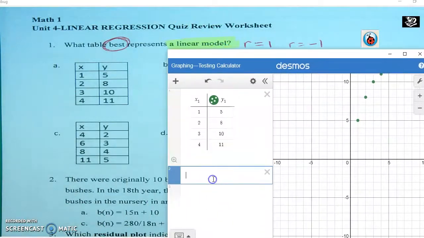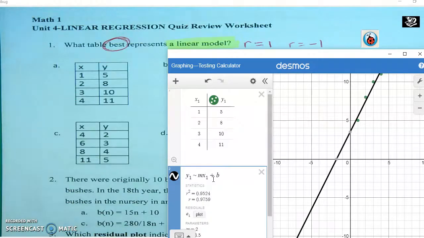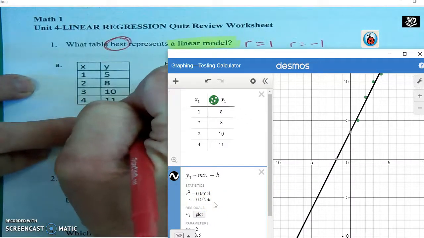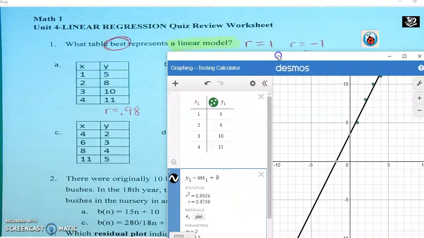Then I have to do Y1 tilde, and this is linear, so it's mx1 plus b. And if you scroll right here, the R value rounds to 0.98. So I'll go ahead and write that one down. It may be the best one, but we're going to keep going.